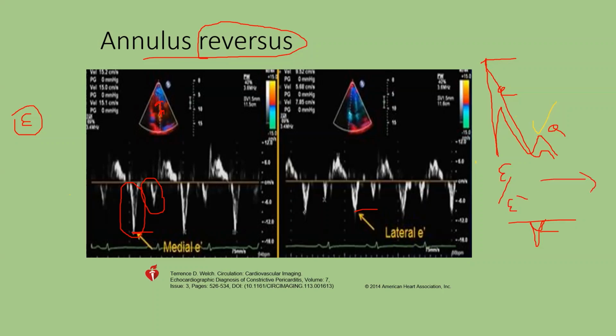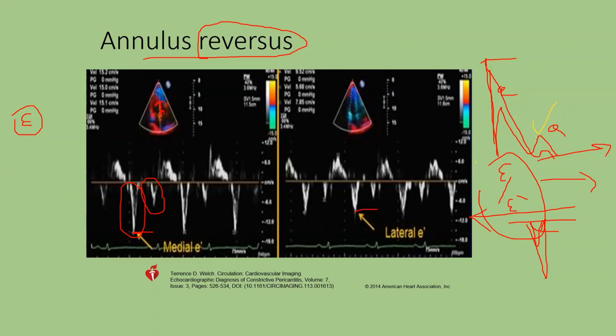Okay, good. Now in constriction the opposite happens, because as the diastolic dysfunction increases, the E increases but the E prime also increases, in constriction only. So the ratio tends to go in the opposite direction to the diastolic dysfunction.